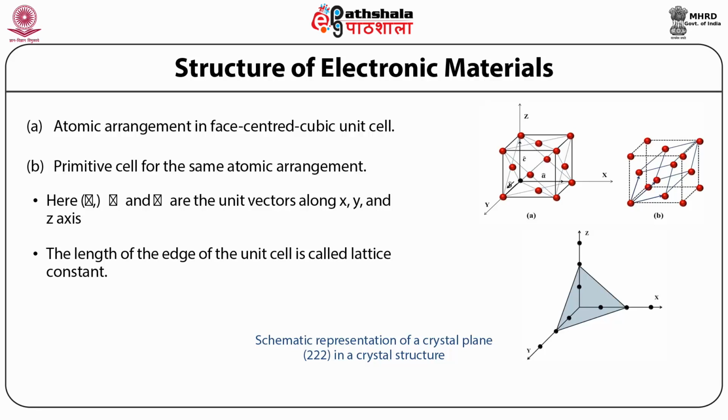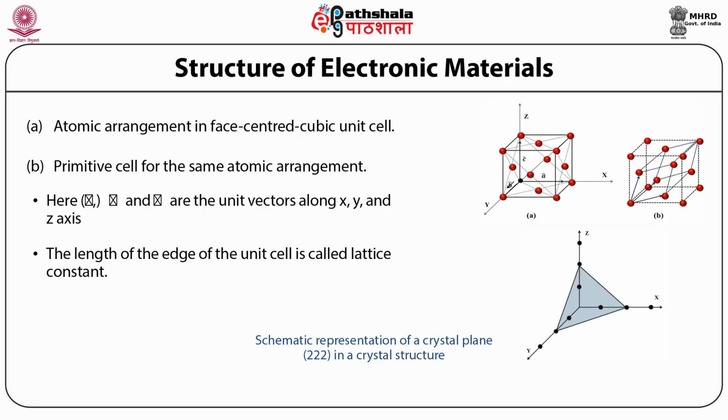The orientations of crystal planes within the crystal structure can be described with the help of Miller indices. Now, the orientation of crystal planes in crystal structures can be understood with the help of Miller indices.